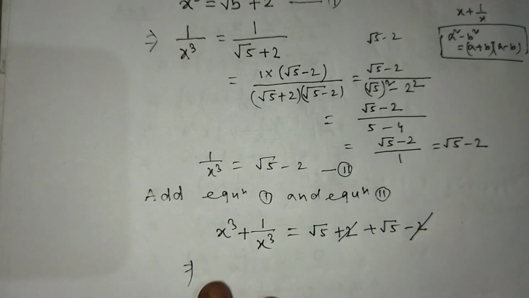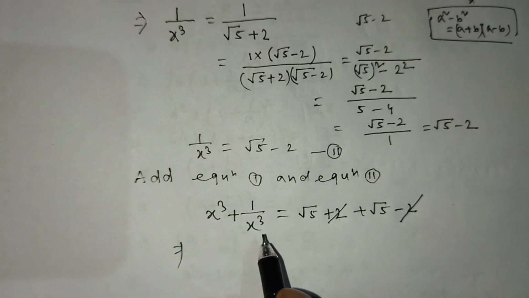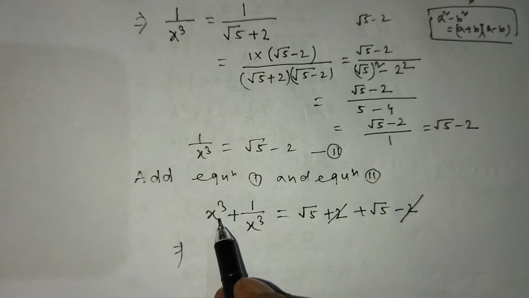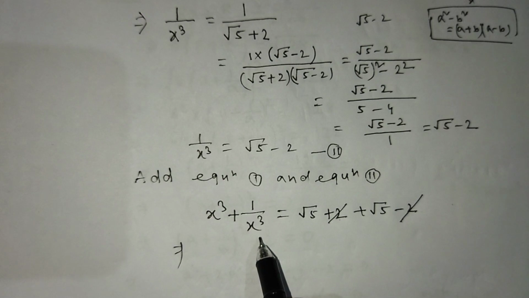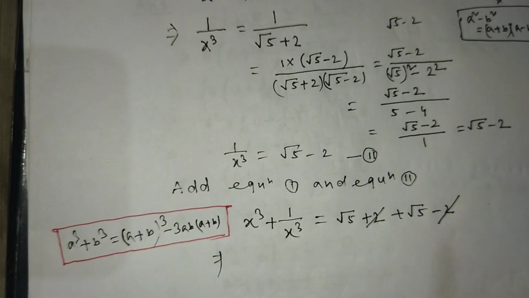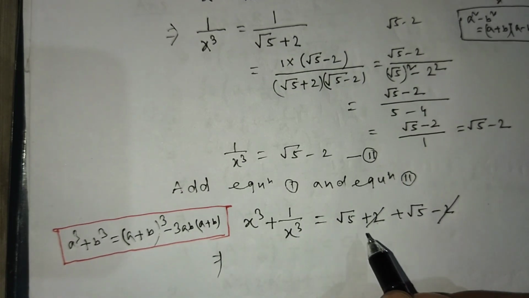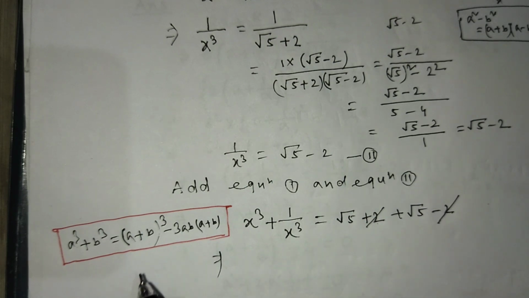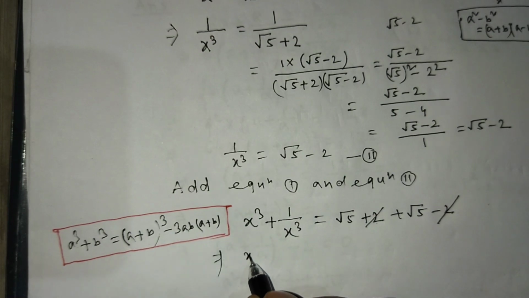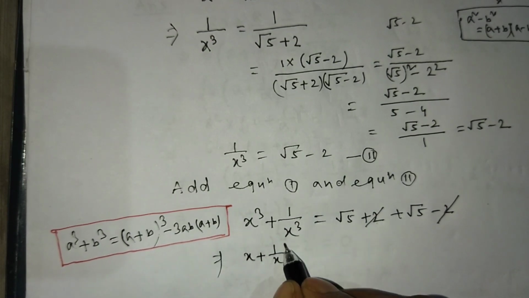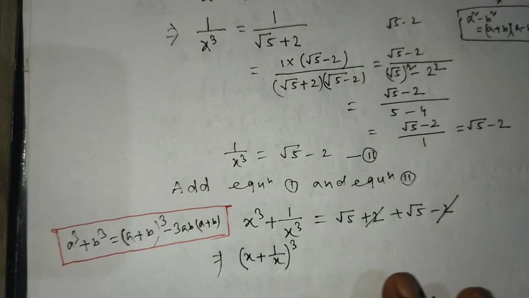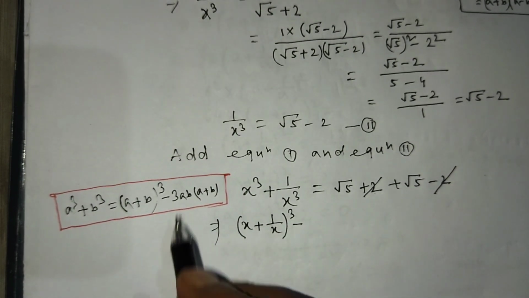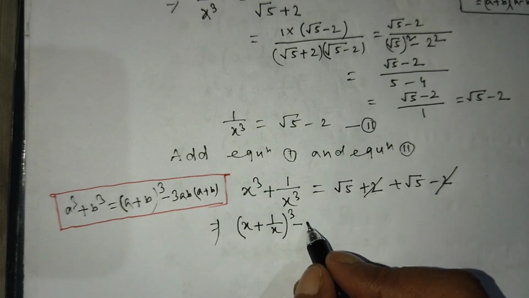Okay. So my dear student, on the left hand side in this equation, x to the power 3 plus 1 by x to the power 3, we have to apply the formula. So if you apply this formula on the left hand side, we write x plus 1 by x whole to the power 3 minus 3ab.